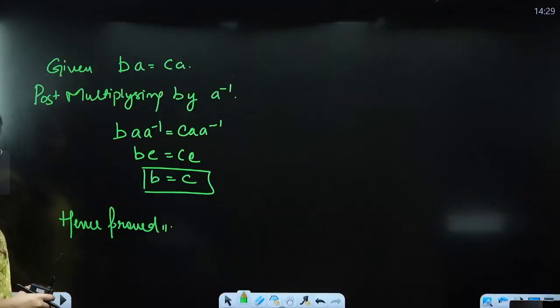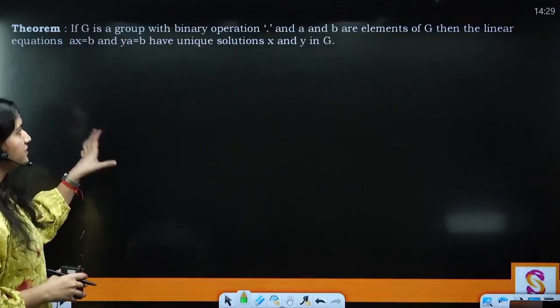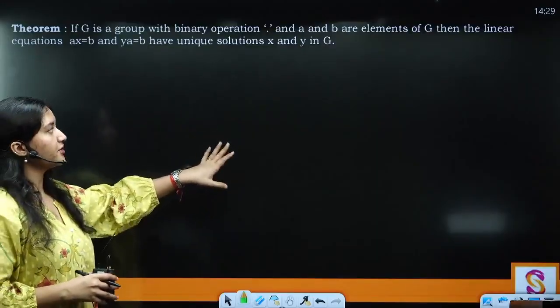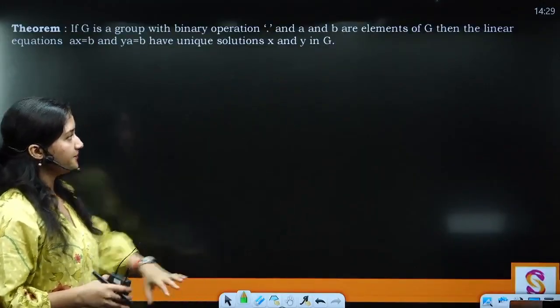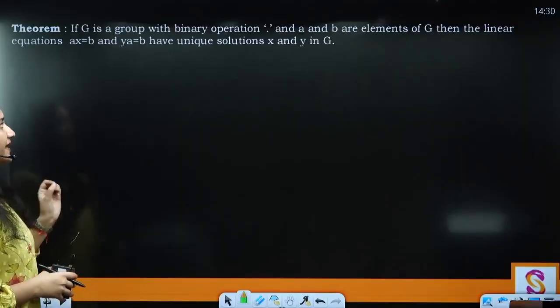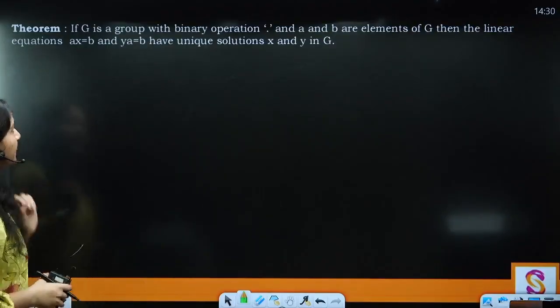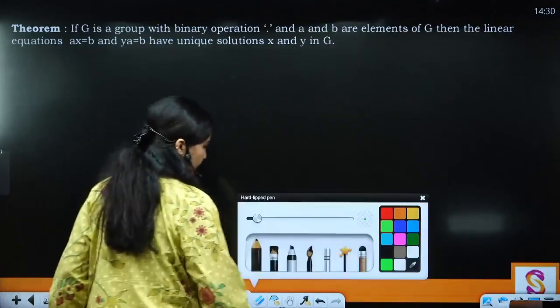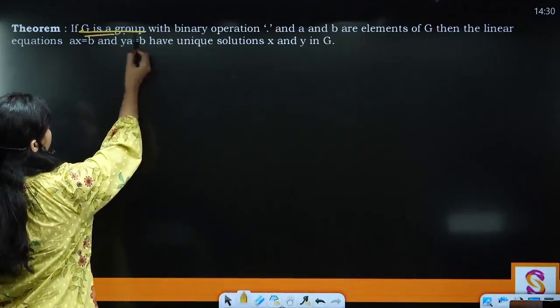if G is a group, then left cancellation law and right cancellation law are going to hold in the group G, right? Moving on, the next theorem is: if G is a group with binary operation dot or star or whatever you want to call it, and a and b are elements of G, then the linear equations ax equals b and ya equals b have unique solutions x and y in G. The first thing to notice is that it is given that G is a group, right?